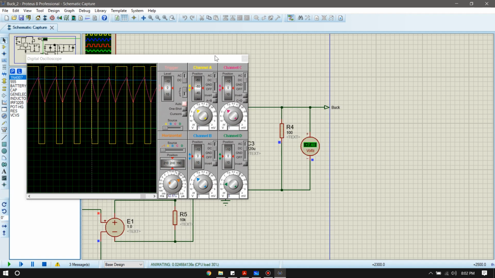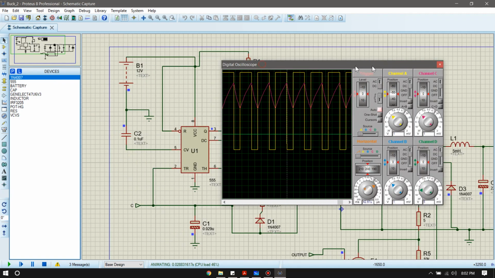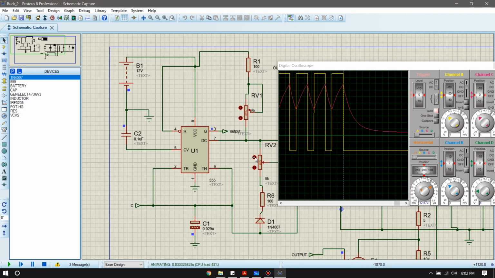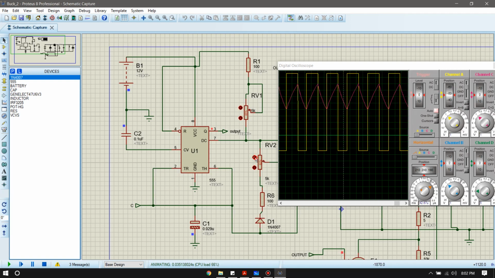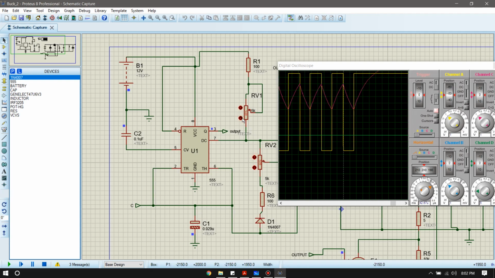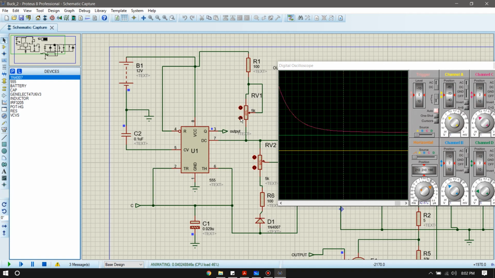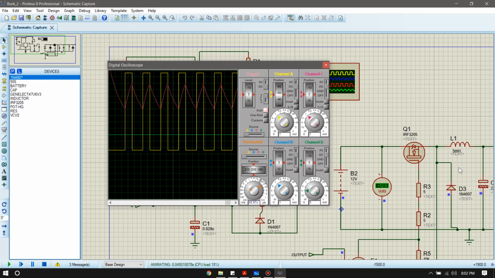And the other thing is you can increase the resistance at R2. So if you increase that, and we decrease the resistance at R1, then the on time of the pulses decreases and the off time increases, right?